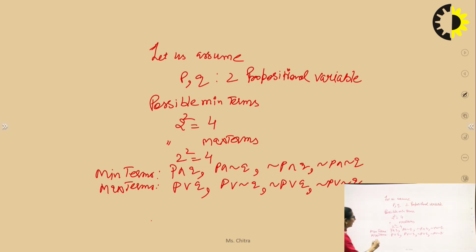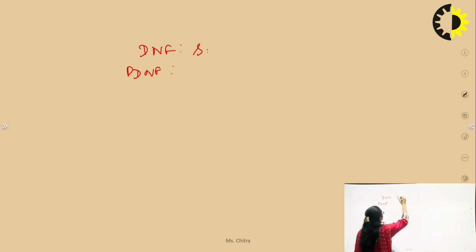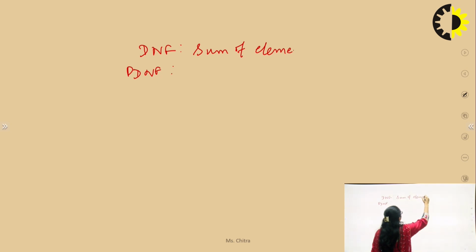Now suppose we have 3 variables, so the possible minterms and max terms will be 2 raised to the power 3, that is 8. Whenever we are writing DNF and PDNF, in the case of DNF, we say it is a sum of elementary products.